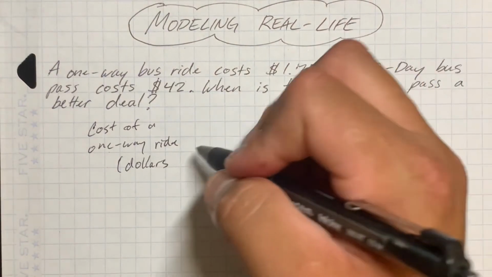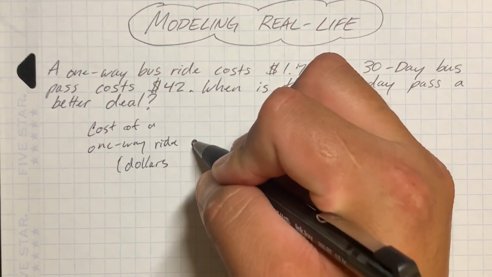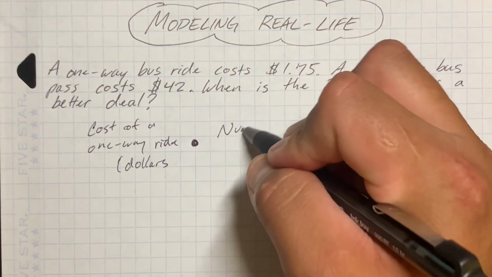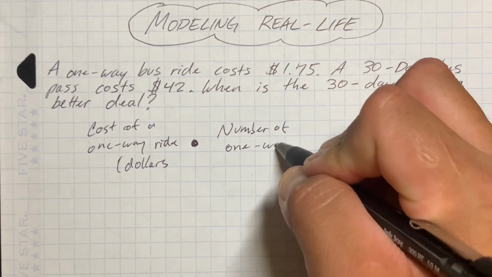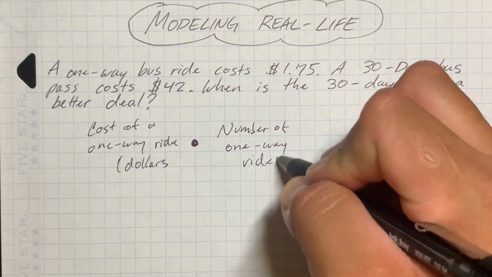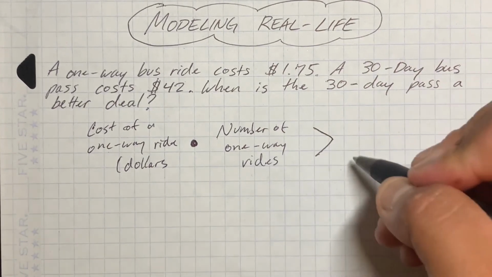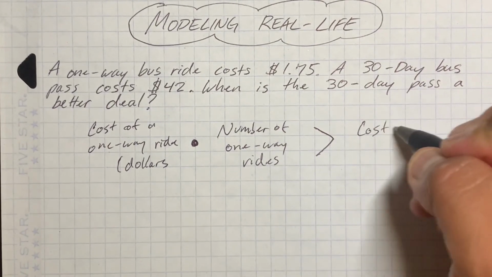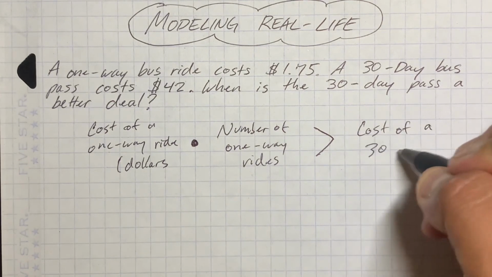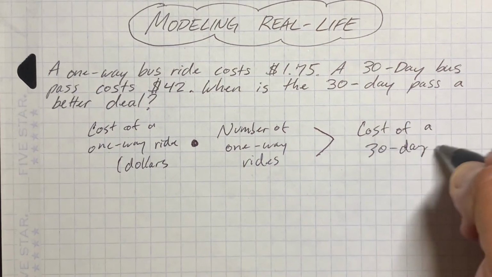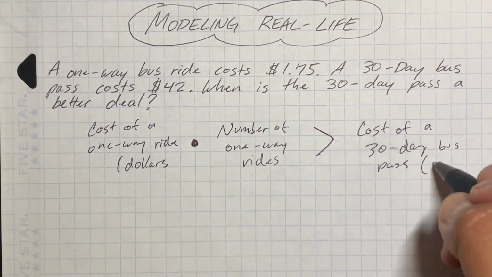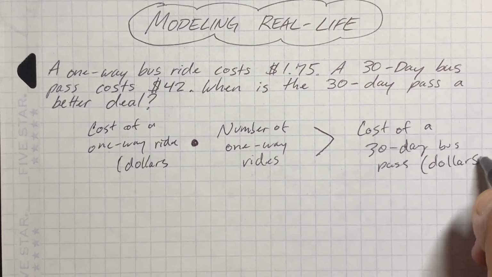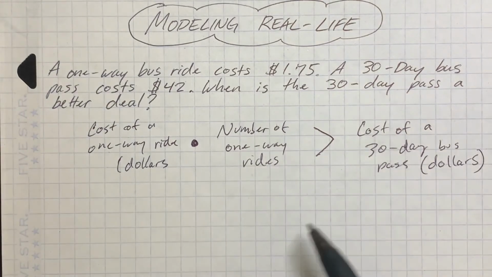We're going to multiply that, by the way, times the number of one-way rides. And that should be greater than the cost of a 30-day bus pass, again in dollars.